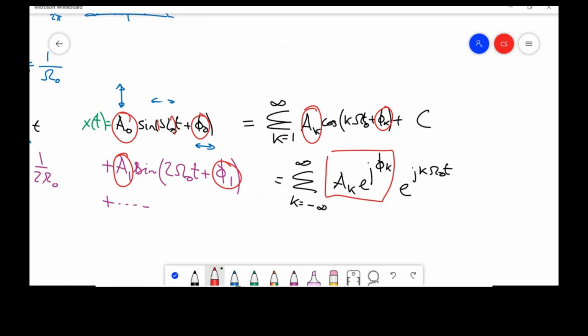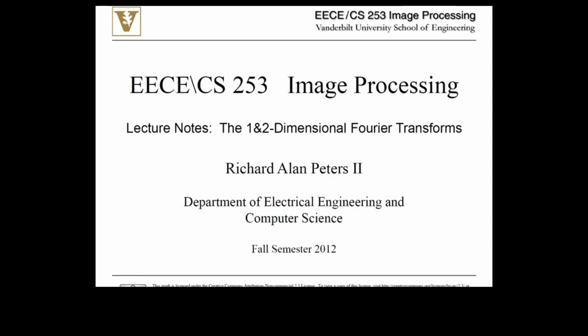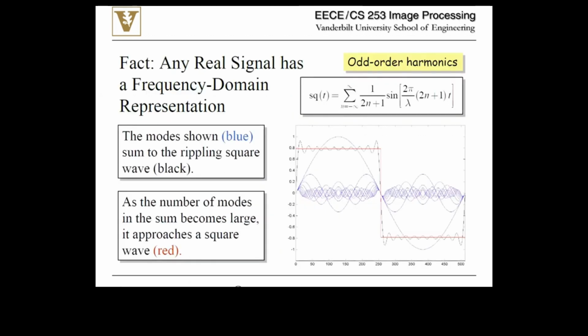So the signal can be expressed as a sum of sinusoids, and this is what is shown here. If you want to reproduce the signal here, you need to add a lot of sines: a sine with this height, a sine with this height, a sine with this height. All these frequencies are multiples of each other.